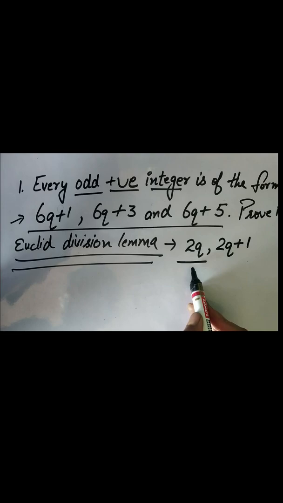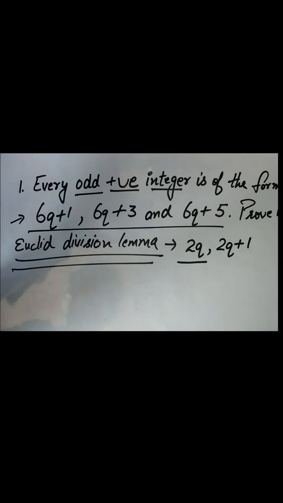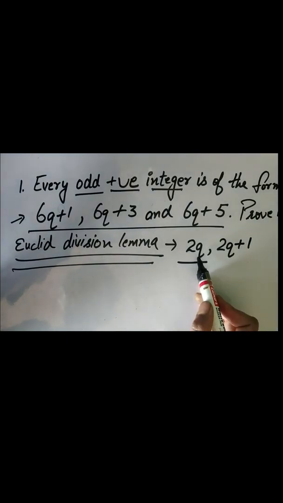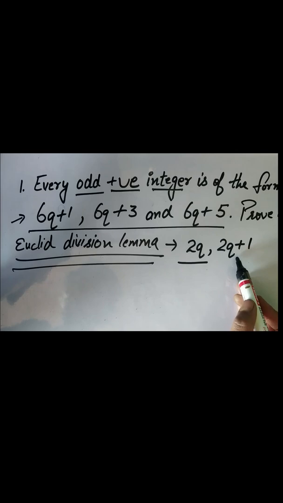All even numbers. Okay? All even numbers are of this form, no? 2 is of this form because it can be written as 2 into 1. Their q is 1. 4 can be written as 2q. For 4, q is gonna be 2. 6 can be written as 2 into 3. So all even numbers are of this form, all odd numbers are of this form.